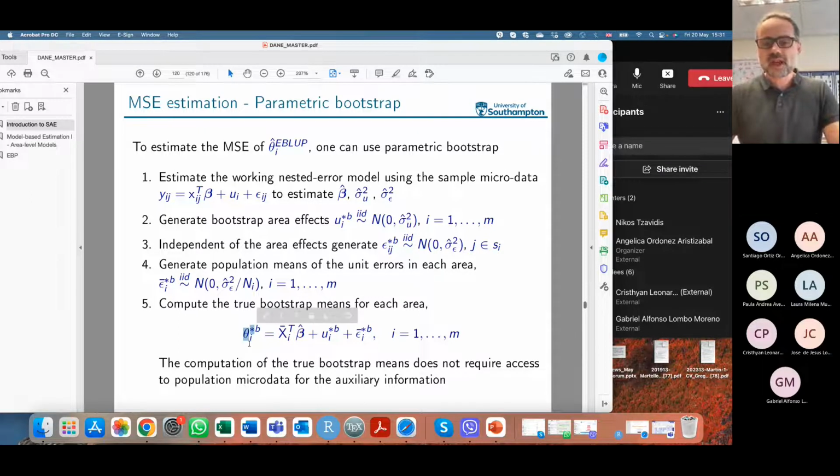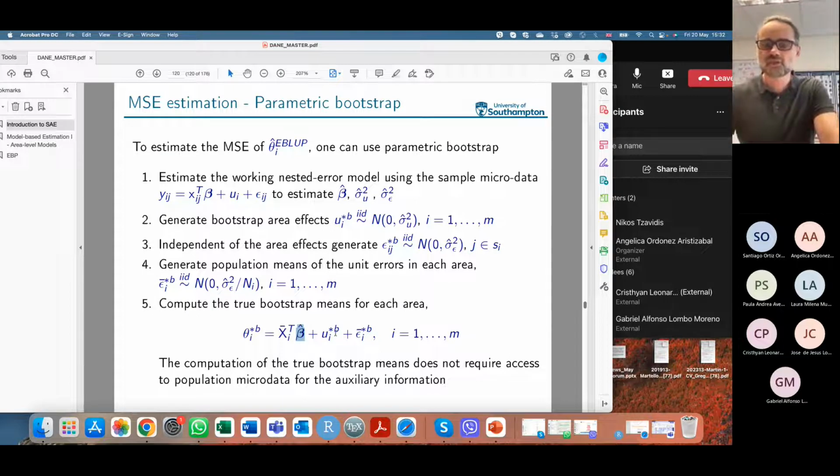So this theta i star b is the true mean, right, that you would have observed. And how do you construct that? You construct that under the model, and this is equal to the H bar. The H bar is coming from the census or the admin data, so nothing new here. The beta hat comes from the originally estimated parameters using your original data, right?